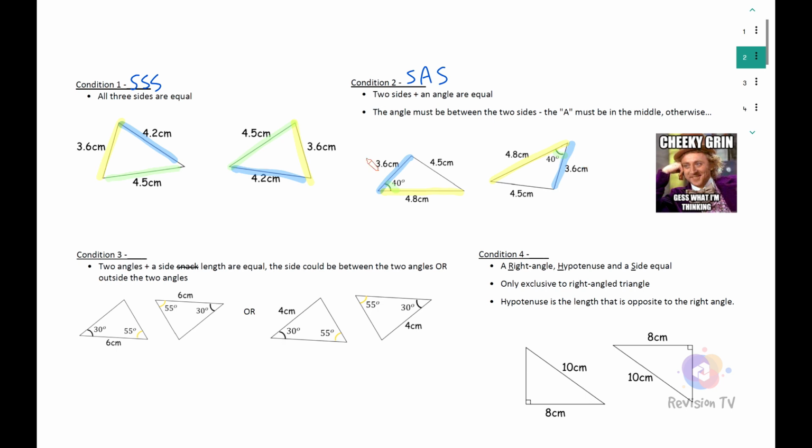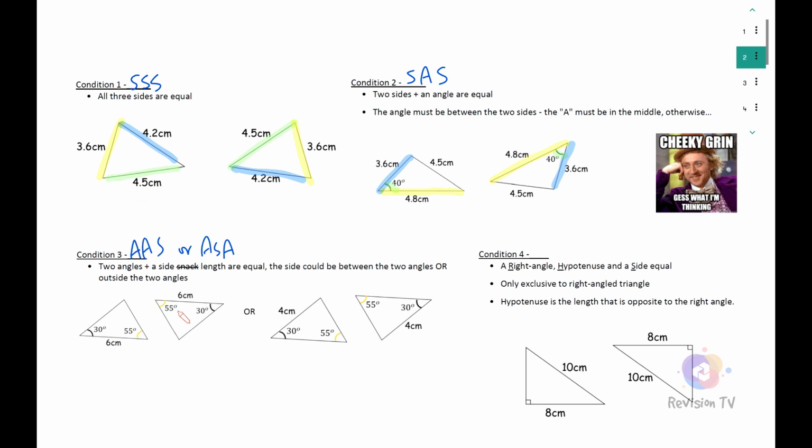Correspondingly the same length. Condition 3 is AAS, so angle plus a snack aside, I might be a bit too hungry when I make the notes, or ASA. So the side could be between two angles like ASA or outside two angles.